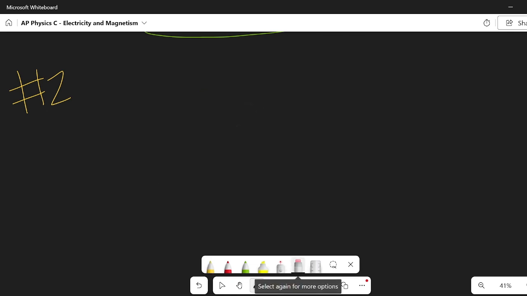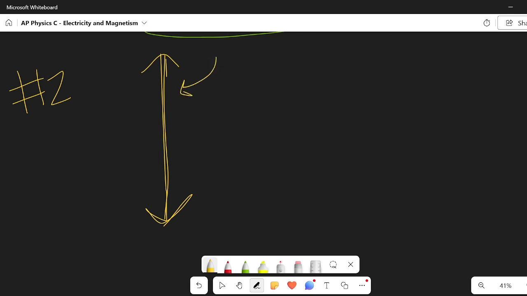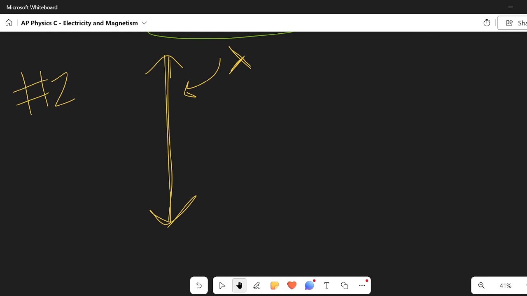No sphere, sorry. In this case, we're tasked with calculating the electric field produced by an infinitely long line, like so, with charge density of lambda.